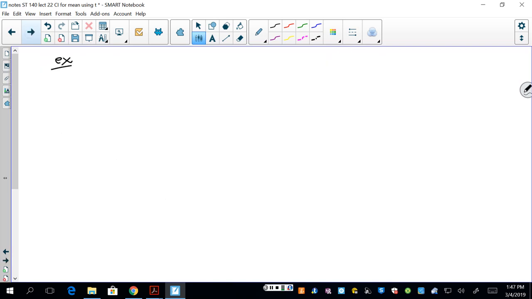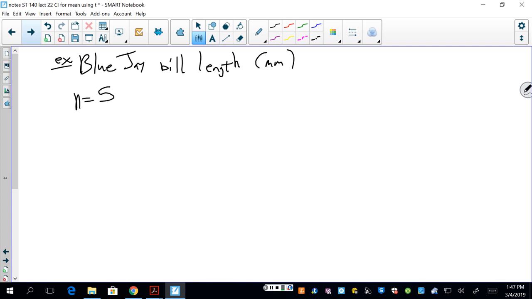So looking at Blue Jay bill lengths. This is measured in millimeters. Let's say you collect just 5 of these individuals, and this is the average.